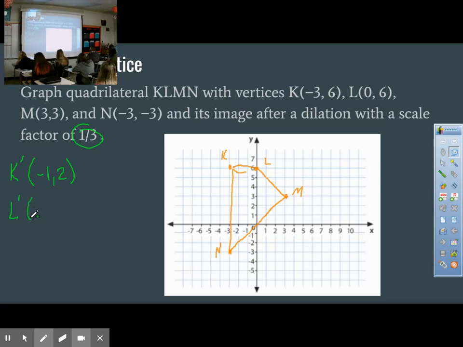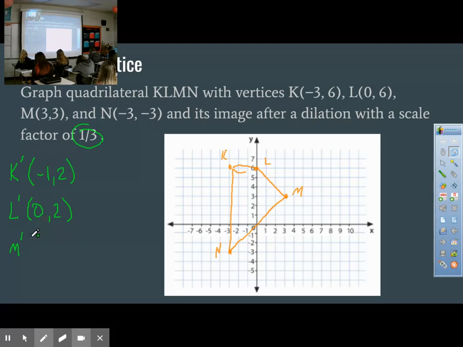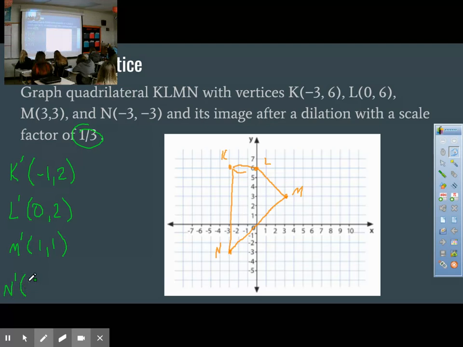Natalie, what did you get? (0, 2). Awesome. Then M prime, which is (3, 3). Lathan? (1, 1). Awesome. And N prime, which is (-3, -3), Taylor? (-1, -1). Perfect.